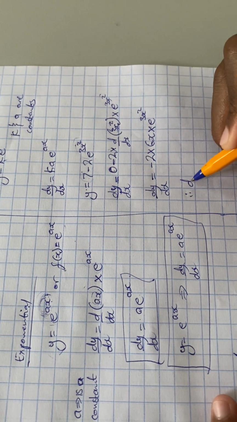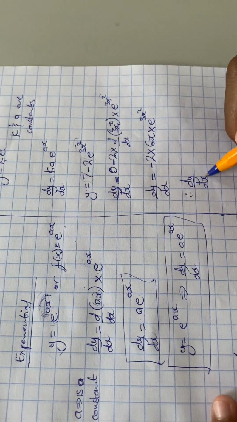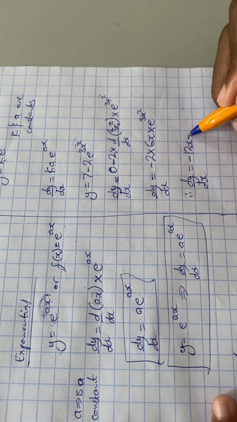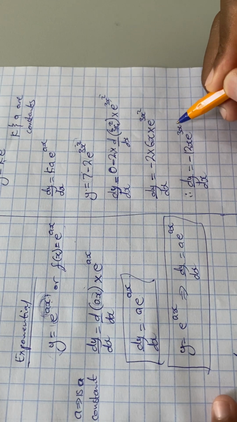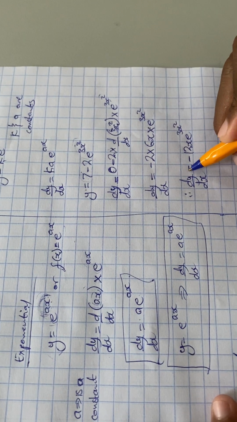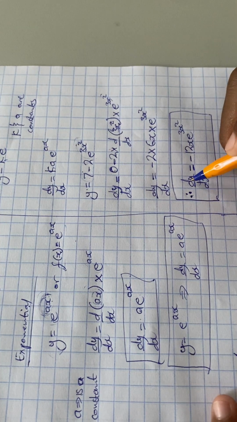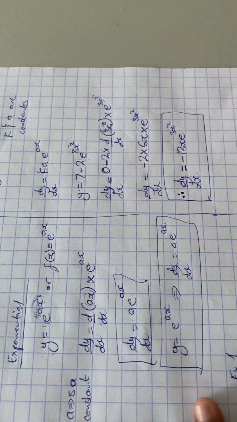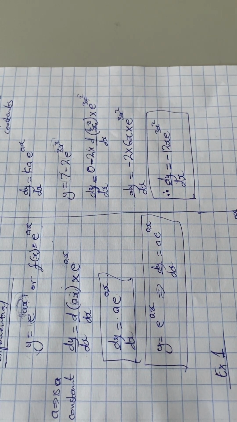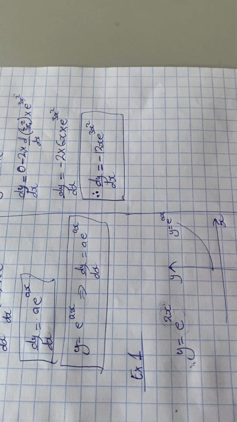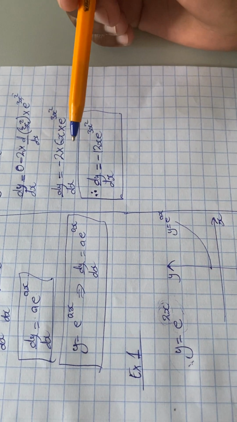Therefore, the first derivative dy/dx is negative 12x e to the power 3x squared. So this is our answer. This is pretty much all you do when it comes to exponential functions.